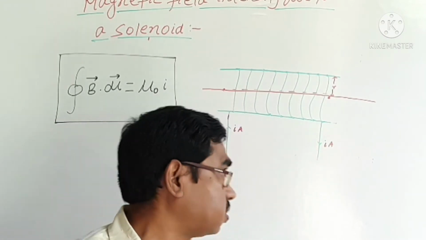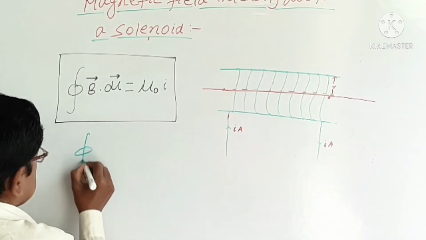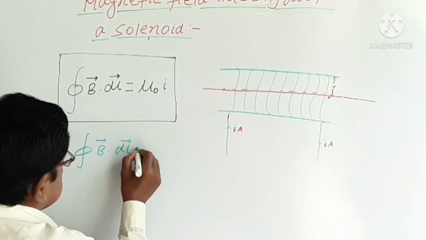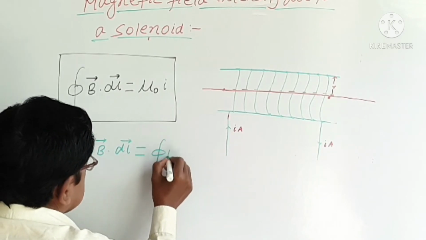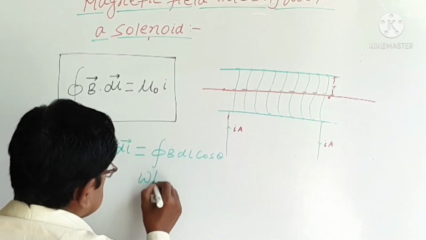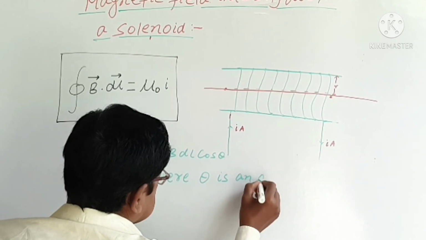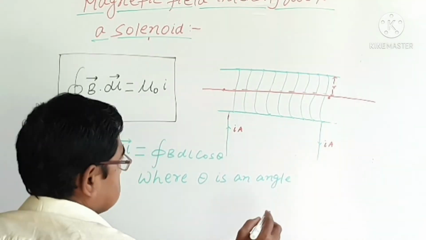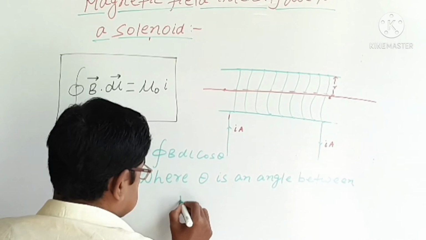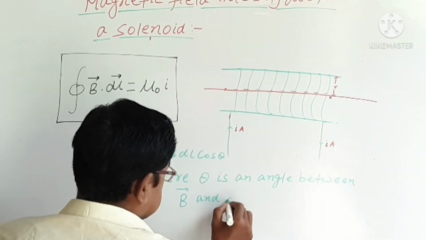Previously, when we derived its magnitude, the closed line integral of B dot dl is equal to the closed integral of B dl cosine of theta, where theta is the angle between the B vector as well as the dl vector.